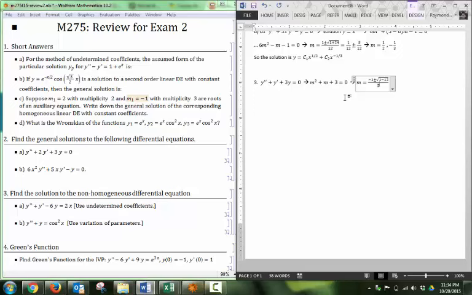All divided by 2a. So we got square root of 11i, looks like.